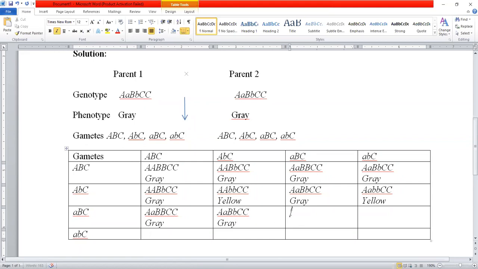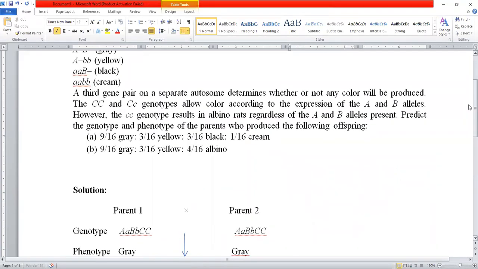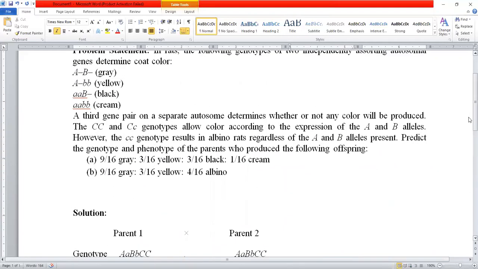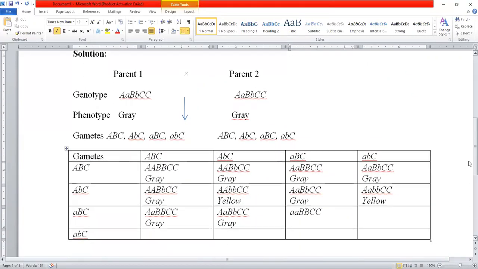So here is the small a, capital B, capital C. Considering the data, here is small a, capital B, dash, this genotype in the presence of the dominant C allele is black. So this genotype would produce black coat color.